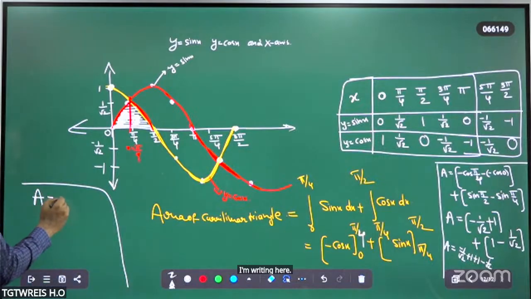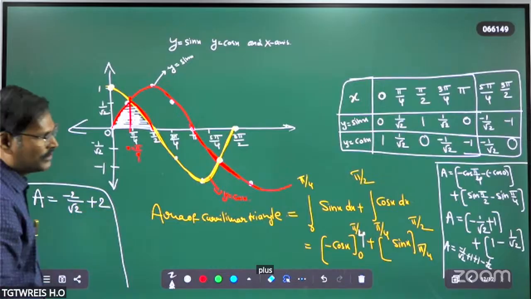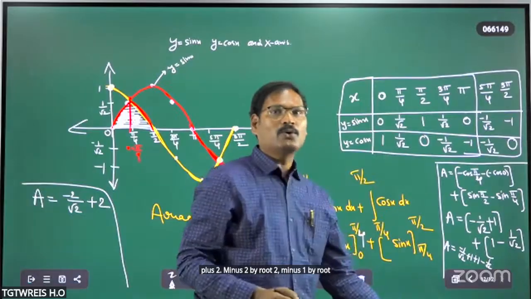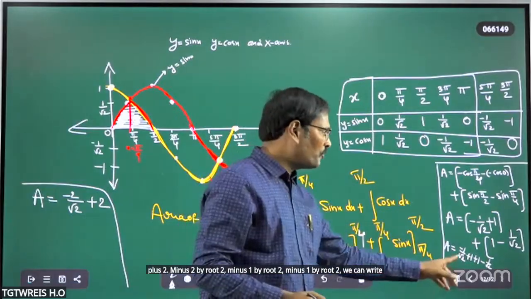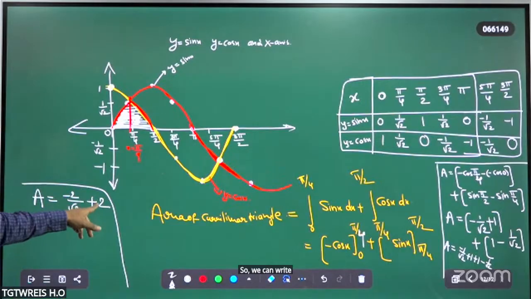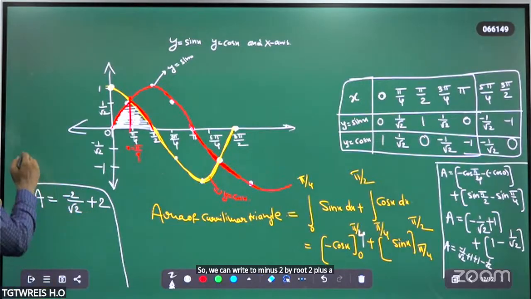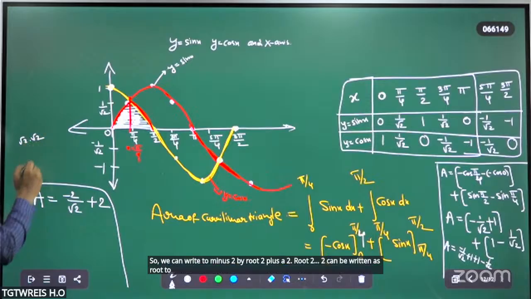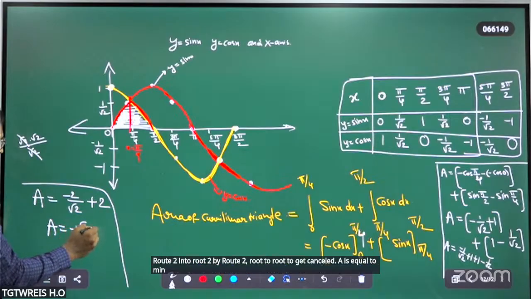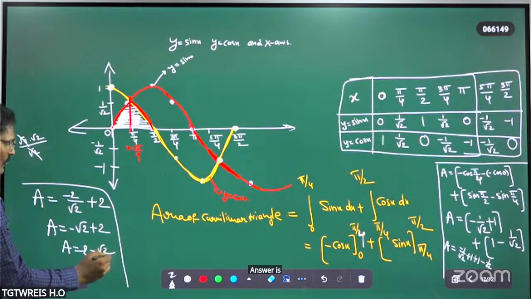A is equal to minus 1 by root 2 minus 1 by root 2, we can write minus 2 by root 2, and 1 plus 1 is 2. So we can write minus 2 by root 2 plus 2. Root 2 can be written as root 2 into root 2 by root 2. Root 2 gets cancelled. A is equal to minus root 2 plus 2. Answer is 2 minus root 2.